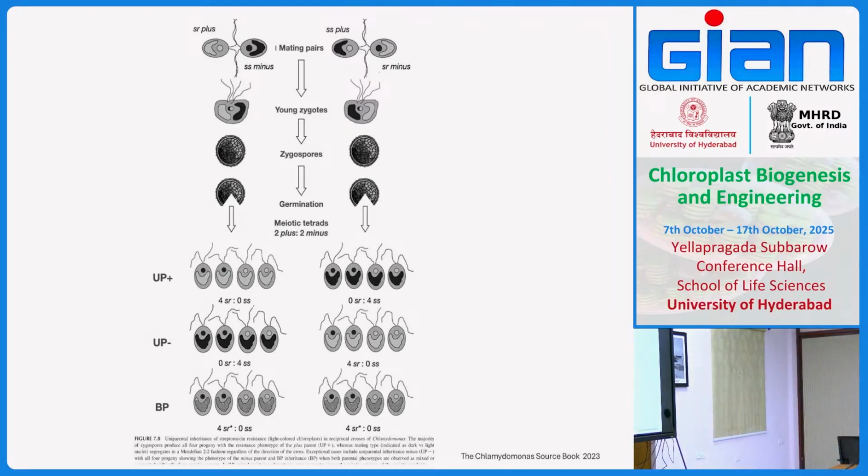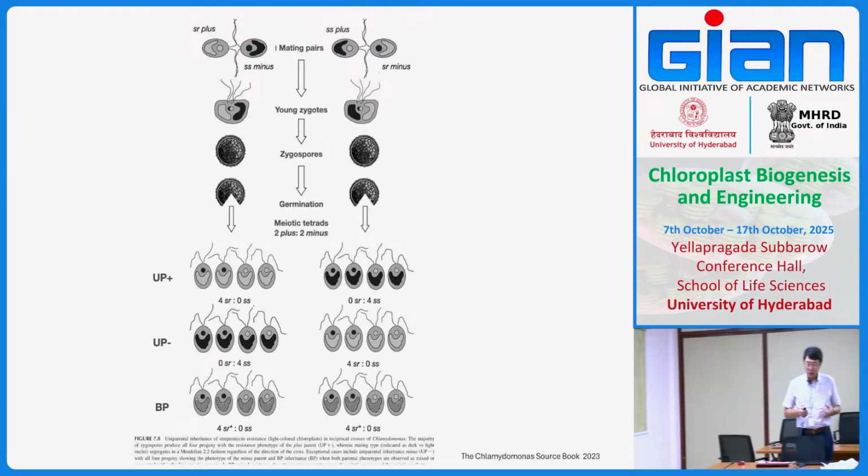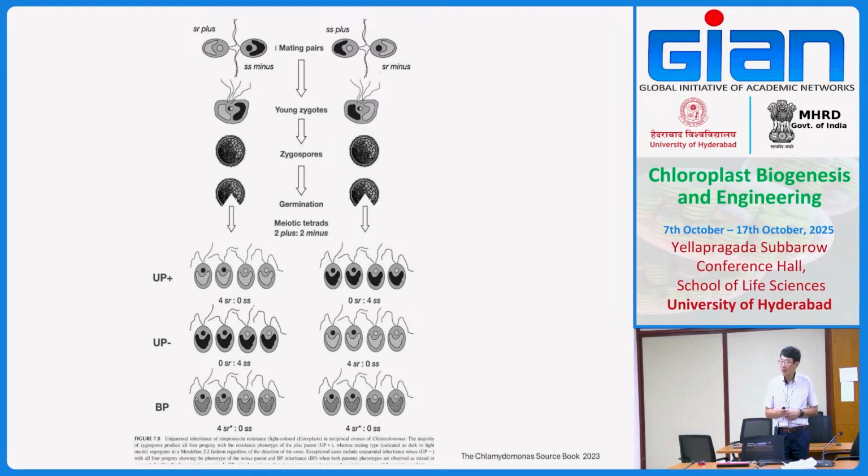So Chlamydomonas was used as a model organism from the beginning because genetic crosses are possible. You can cross two different strains to see what happens. Also, Chlamydomonas has the ability to grow heterotrophically in the presence of a carbon source like acetate, so you can make mutants deficient in photosynthesis.